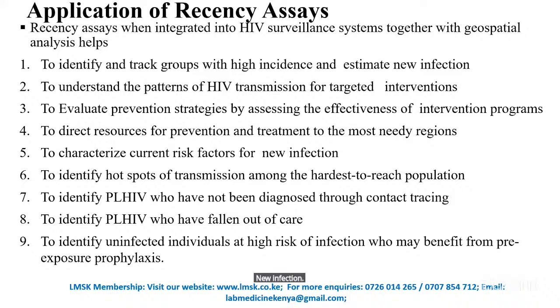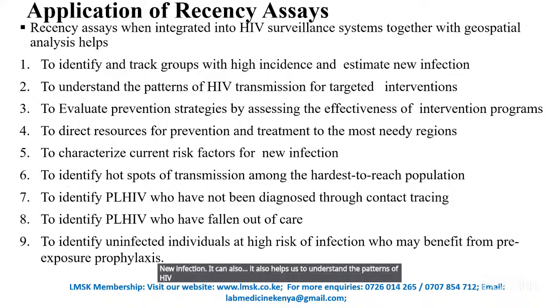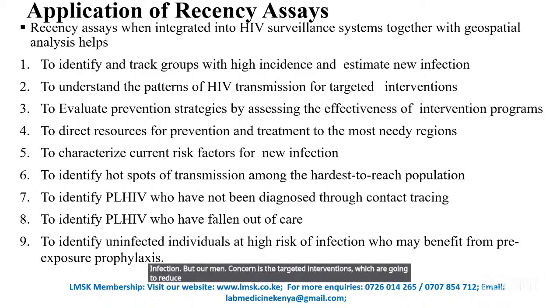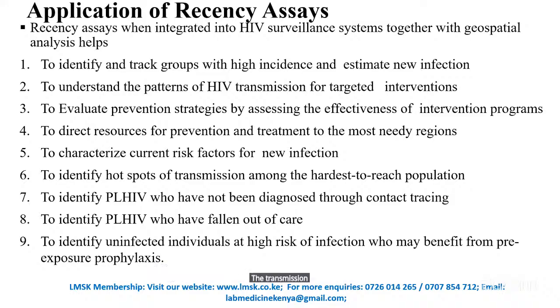It can also help us understand the patterns of HIV transmission for targeted interventions. As much as we're interested in knowing who has a recent infection and who has a long-term infection, our main concern is the targeted interventions, which are going to reduce the ongoing transmission of HIV. If we can reduce it, then the number of new infections will go down.